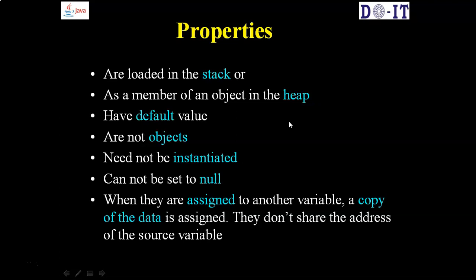So what we end up having is two different memory locations with similar values, and changes done to x will not be reflected in y and vice versa. But when you assign an object reference to another reference, they end up sharing the same object. So any modification done to the state of the object through reference 1 will be reflected in reference 2. That's a very important point that we need to remember.